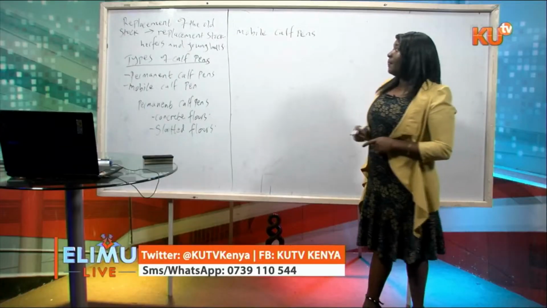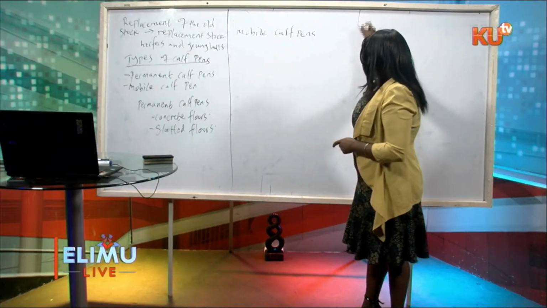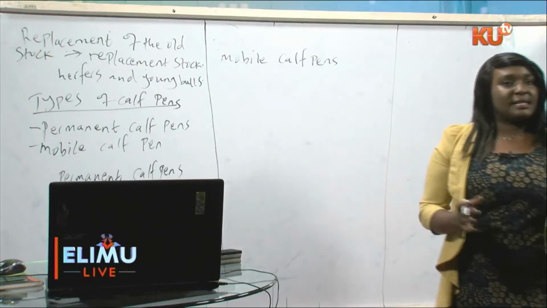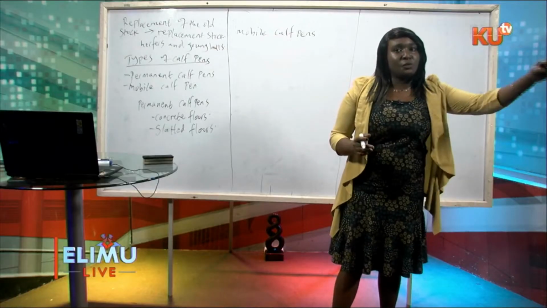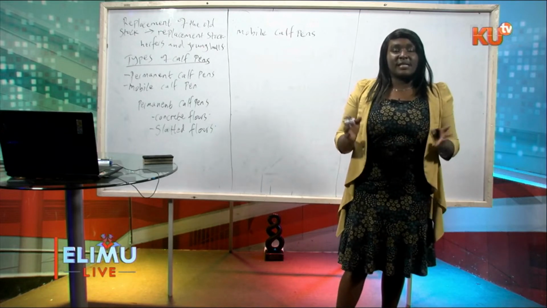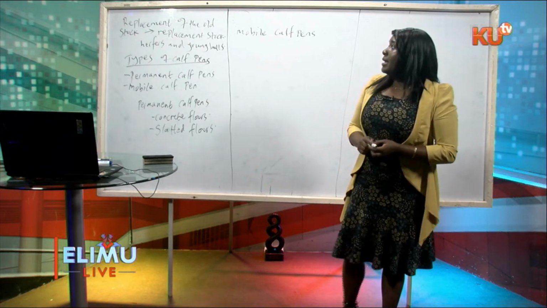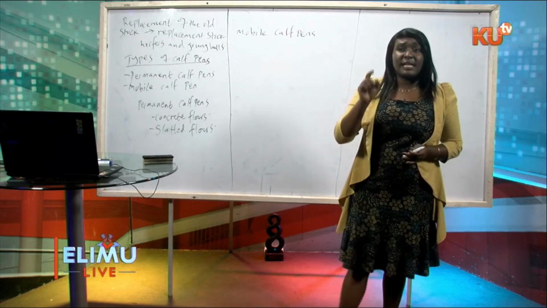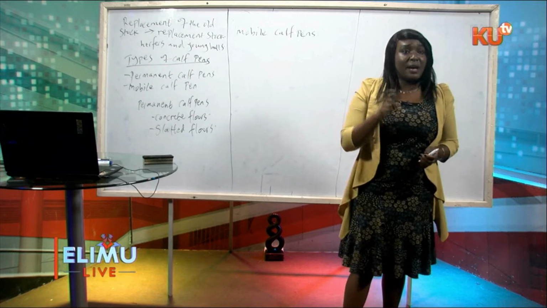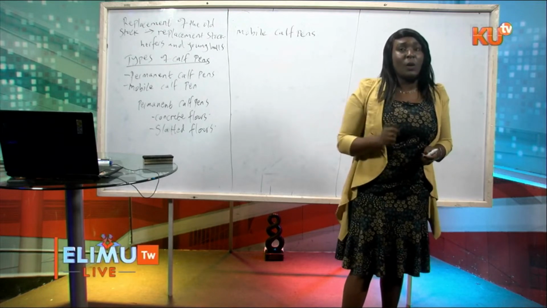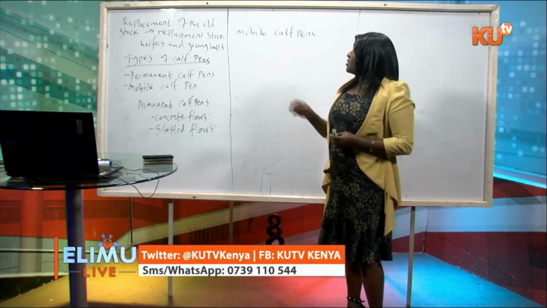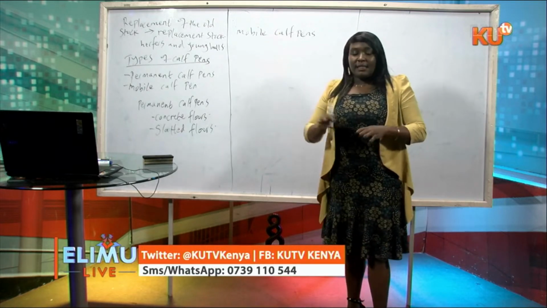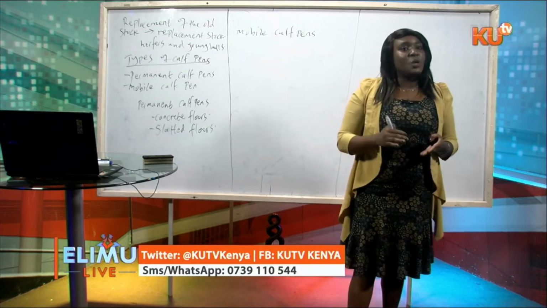dear learner, these ones can easily be moved even after 2 days. Where you had placed it, you move it, and then of course you move together with the calf so that you get fresh pastures. Now, these mobile calf pens mean that because the calf is feeding on the pastures that are growing on the ground, you realize that the floor of that calf pen is not covered.